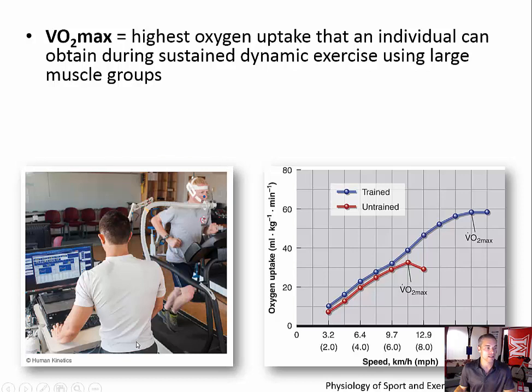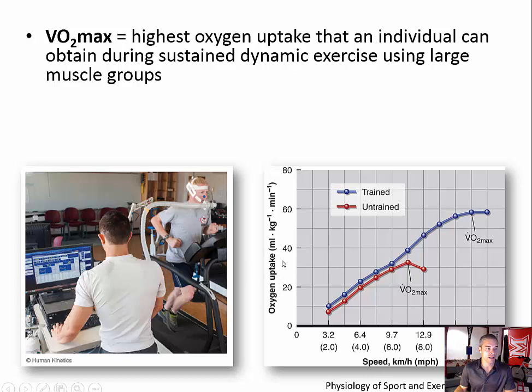A VO2 max test is typically performed in a laboratory on a treadmill or a cycloergometer. The subject is hooked up to our metabolic cart that you see down here. And essentially, breath by breath, we're measuring their oxygen consumption and CO2 production during increasing intensities of exercise.